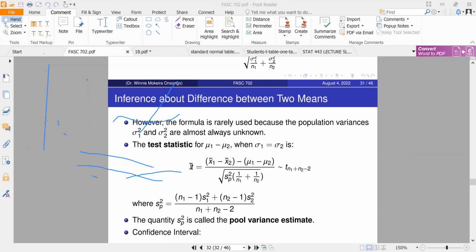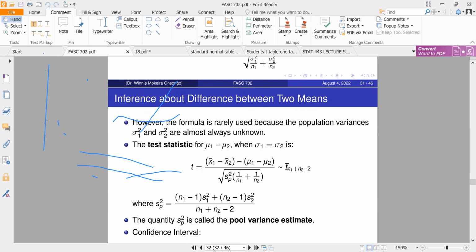You realize that now here we have T. This test statistic T is used when N1 plus N2 is less than 30, or when we do not know the corresponding standard deviation. If we do not know the standard deviation, we have to use the sample standard deviation or sample variance. So we have to calculate S squared so that we can use it in this form.